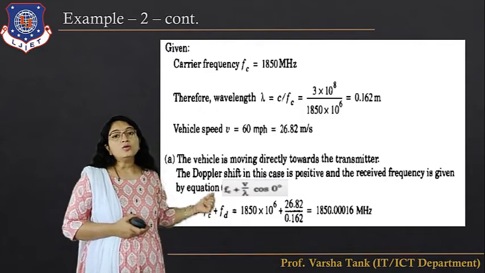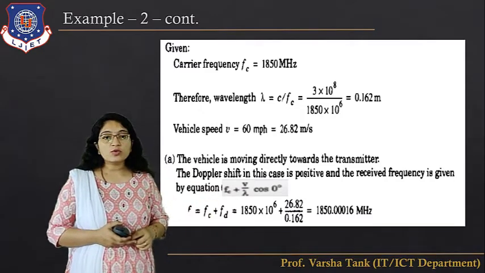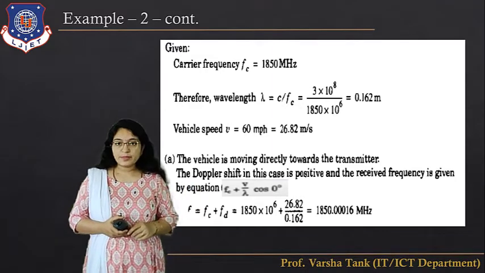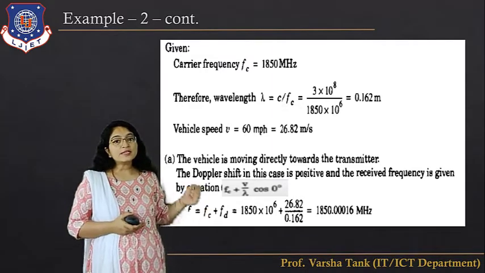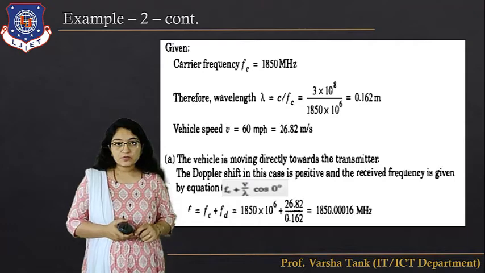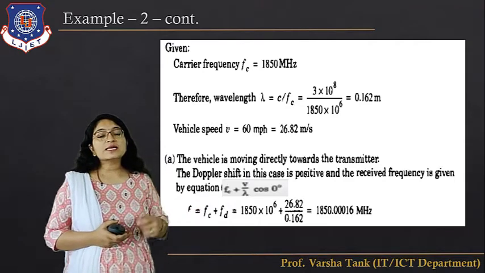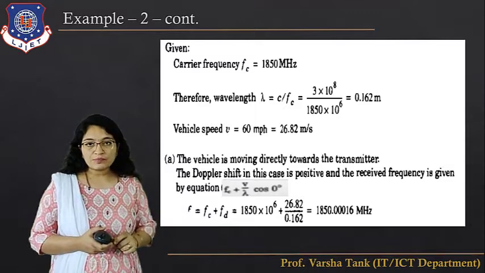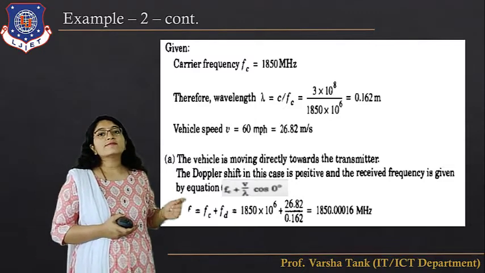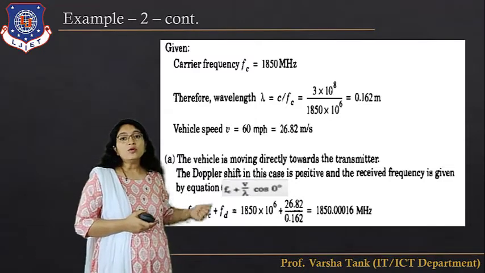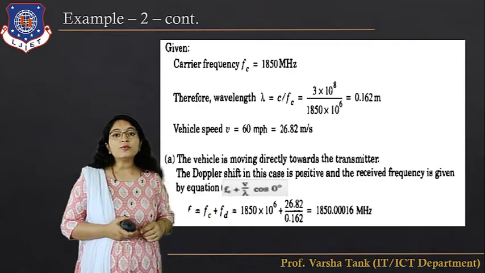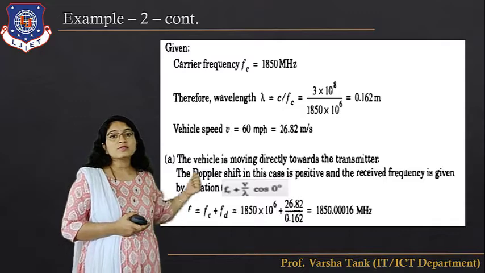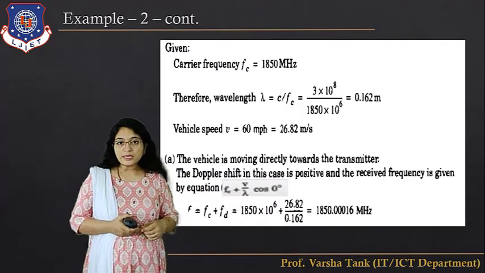Okay, now first let's find out part A. The vehicle is moving directly towards the transmitter. Now the Doppler shift in this case is positive. The received frequency is given by f is equal to fc plus fd. In place of fd you can put the formula v upon lambda cos theta.